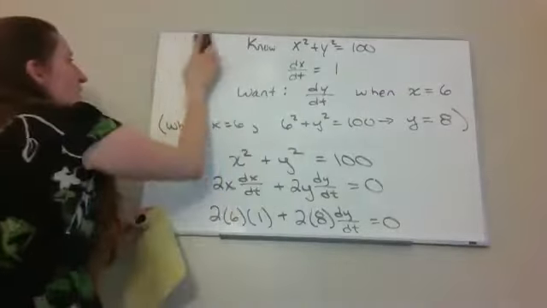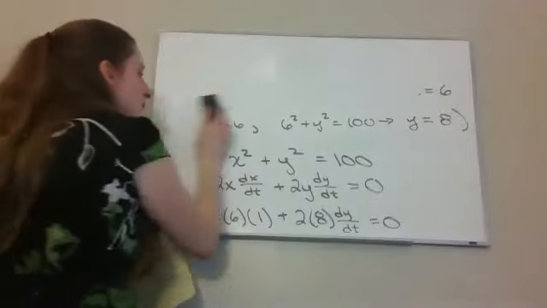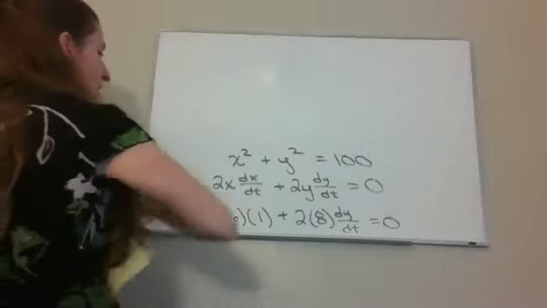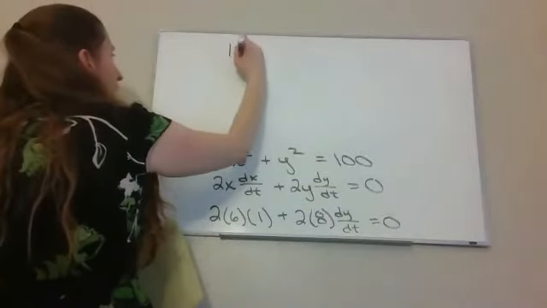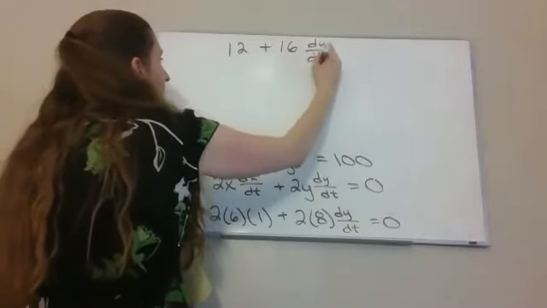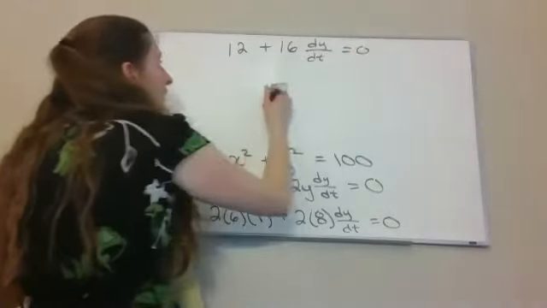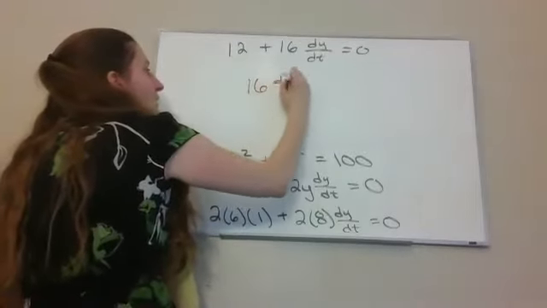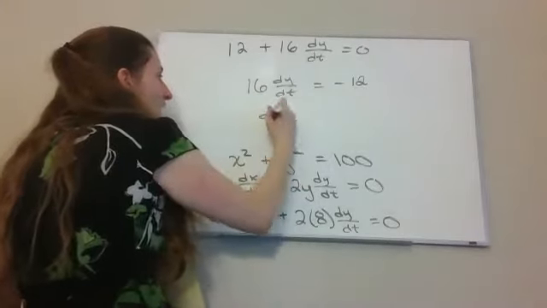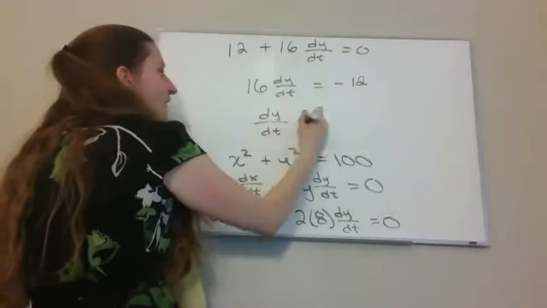So now that everything is all plugged in, it's just some arithmetic to get it figured out. I have 12 plus 16 dy dt equals 0. So that means 16 dy dt is negative 12. And then I just have to divide by 16.